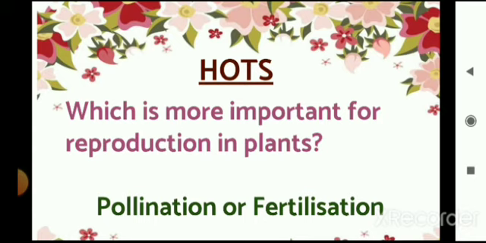Shall we summarize today's topic? What have we learned today? We learned that a flower consists of male and female parts known as stamen and pistil, right? These stamen and pistil, the male and female parts of a flower, are helpful in fertilization.